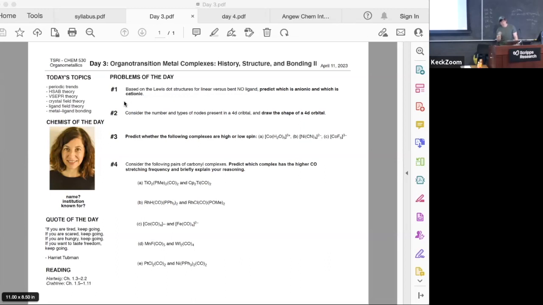Yes, but then wouldn't you conclude that there's going to be stronger back bonding when you have stronger bonding interactions in general? Yes, which would lead to a lower CO stretching frequency. Right. So then tungsten should have a higher CO frequency. Tungsten should have lower because it's more back bonding. I'll think about it on my own.